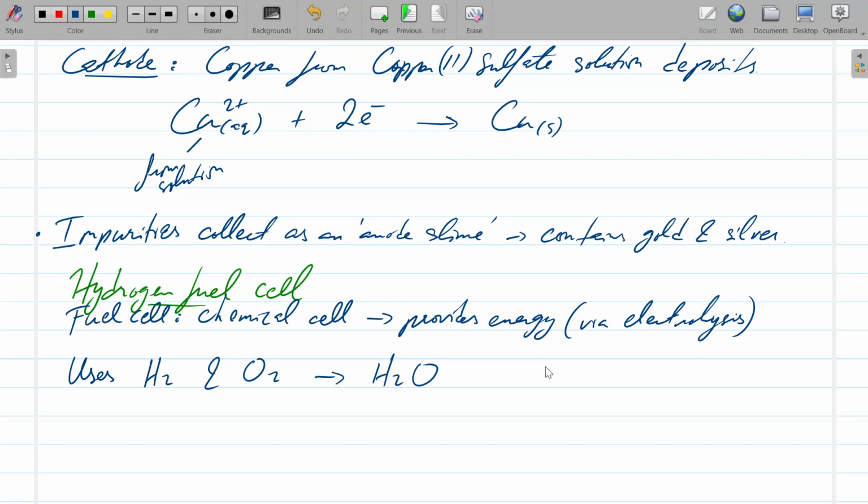And obviously in the process you are producing electricity because it's a fuel cell, so it's providing energy, it's producing electricity. Now what's happening?